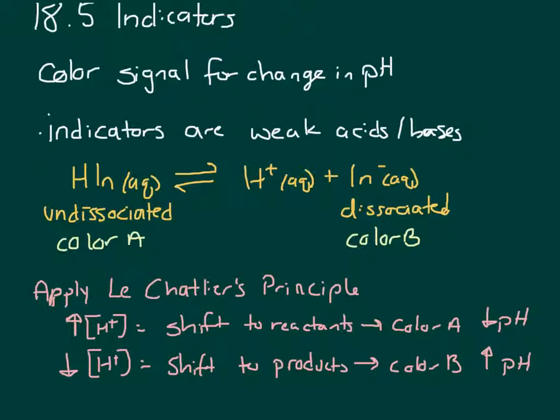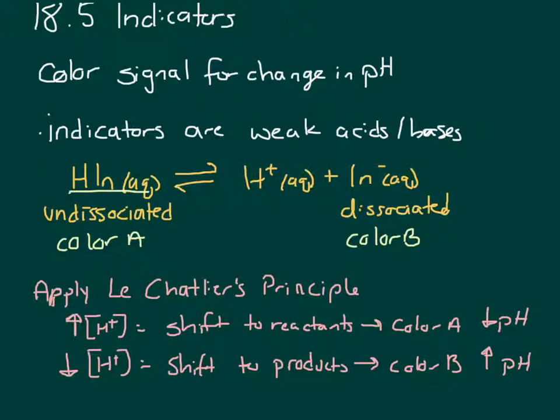Keep in mind, indicators are actually weak acids and/or bases depending on what their need is for. Therefore, they do have a generic equation which can be used. HIn for the acid version of an indicator in solution.